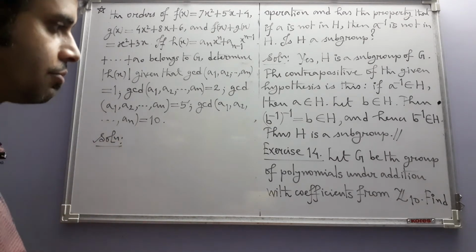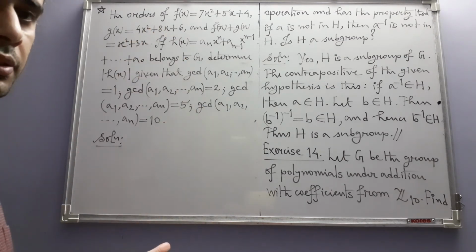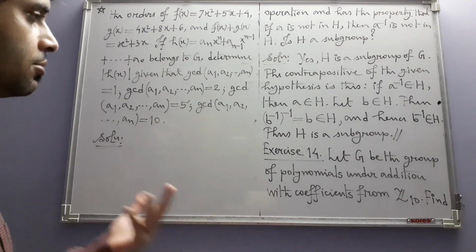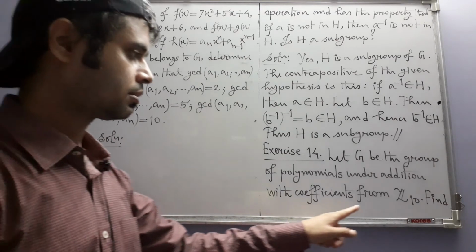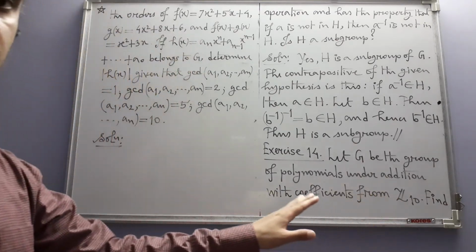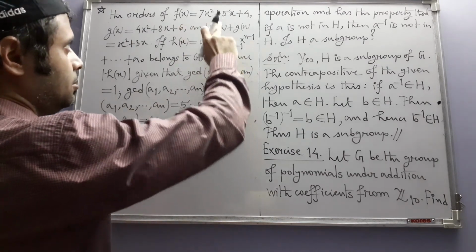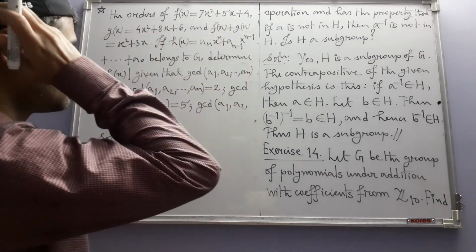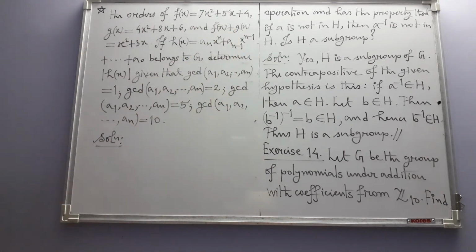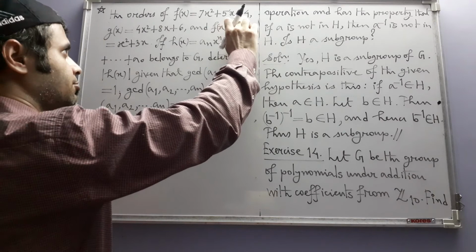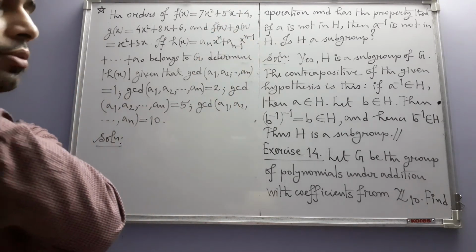so you just have to consider the polynomials, add it with itself a number of times, and you see when you get the zero polynomial. Keep in mind that the coefficients are in Z10. So if we add this 5 2 times, then the result is 0. However, if we add 4 2 times, then the result is 8, not 0.